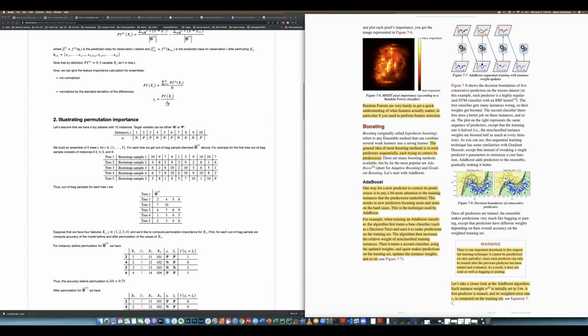I then take this new weighted training set, rinse and repeat. Over the course of doing this multiple times, eventually I get a set of models that compensate for each other's weaknesses. So that's the idea of adaptive boosting.